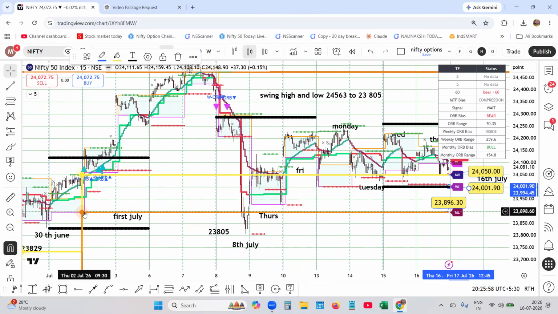What did the market do? The market breached the 1st July low, that is monthly low, briefly, and it rallied.